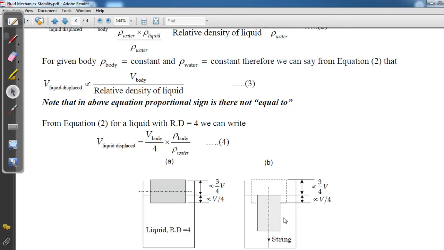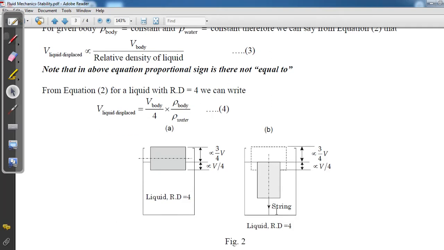That will give rise to buoyant force, and indirectly we have to calculate that buoyant force, because it won't go inside the liquid by itself. We have to put a force in the downward direction to submerge this, and that value is equal to the buoyant force. Okay, so now I hope this is clear. So volume of liquid displaced is V of body divided by 4 into rho of body, rho of water.